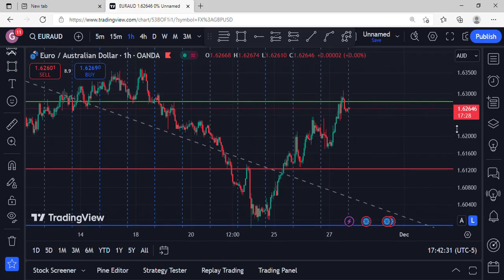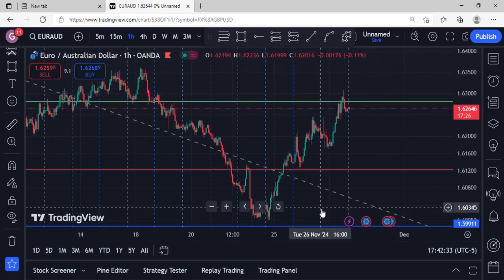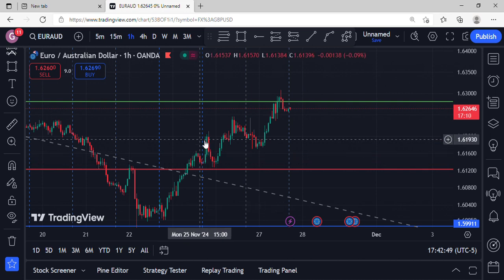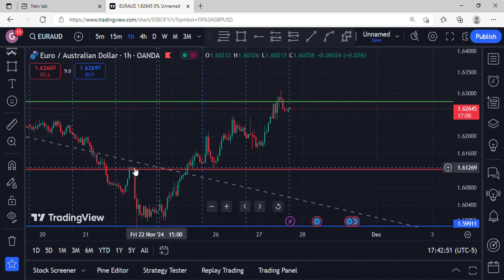Let me try and get that well. Yeah, then we left this tiny fair value gap right here. This tiny fair value gap, price dipped into it once, twice, and then moved away. Price comes back, then we see the very high of that order block is here, right?